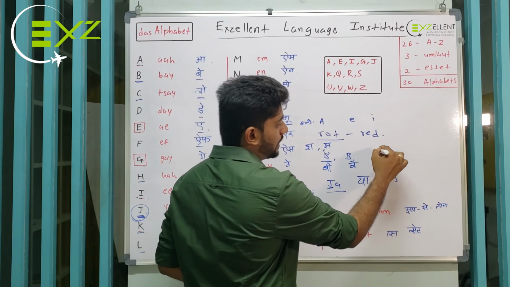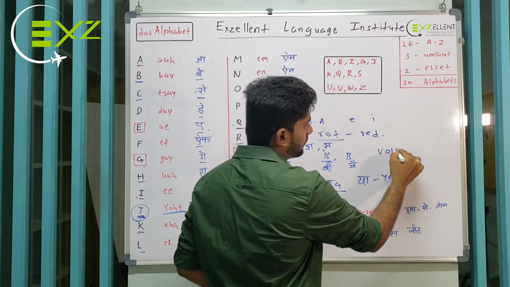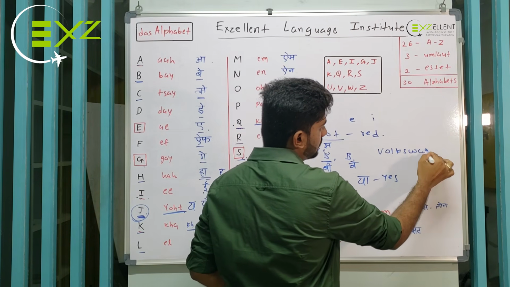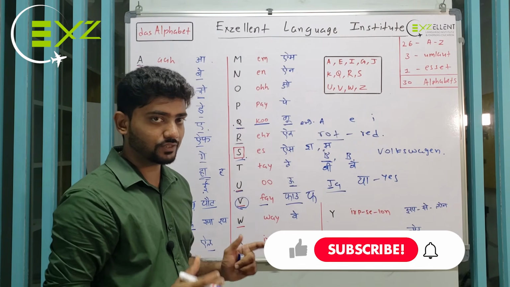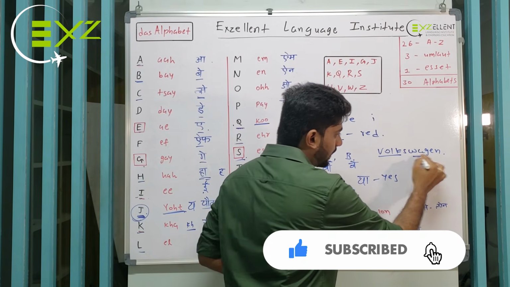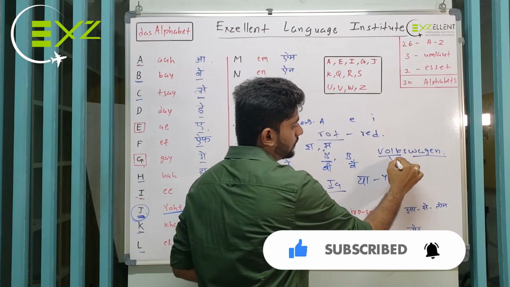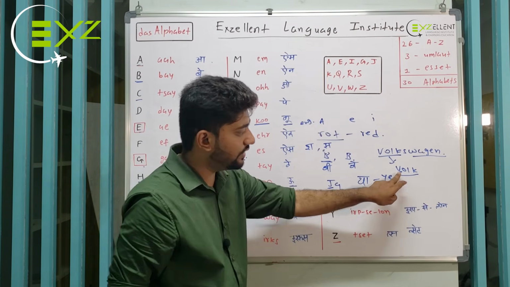For example, I think all of you know this car name Volkswagen. This word Volkswagen has been made from two different words, folk and wagon. This folk, we have V here, right?